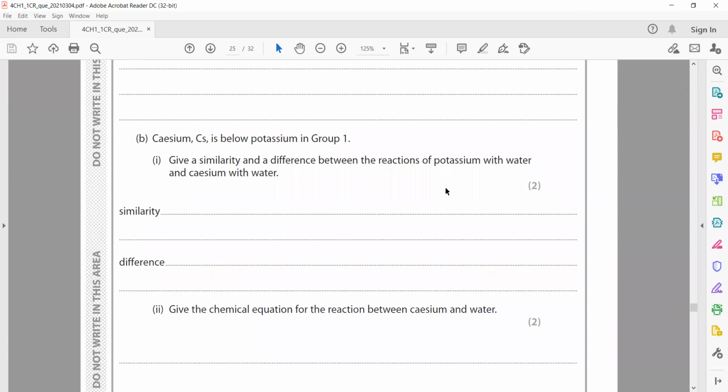Cesium is below potassium. Give a similarity and a difference between the reaction of cesium and potassium with water. When they react, they will give hydrogen gas, so we'll see bubbles. The difference is that as we go down the group, reactivity increases, so cesium will have a violent reaction compared to that of potassium.